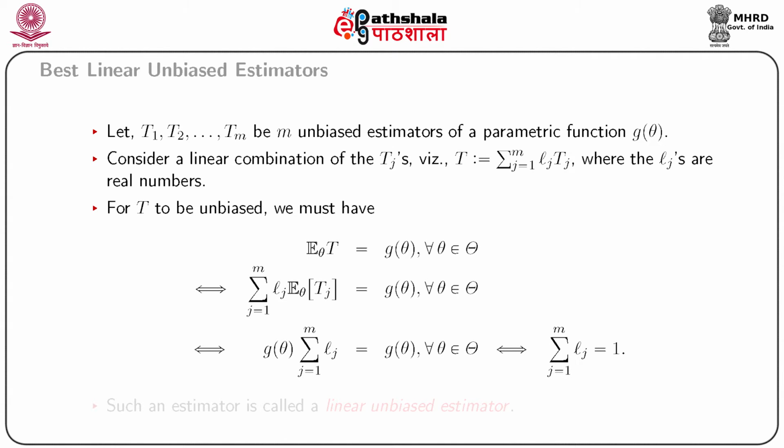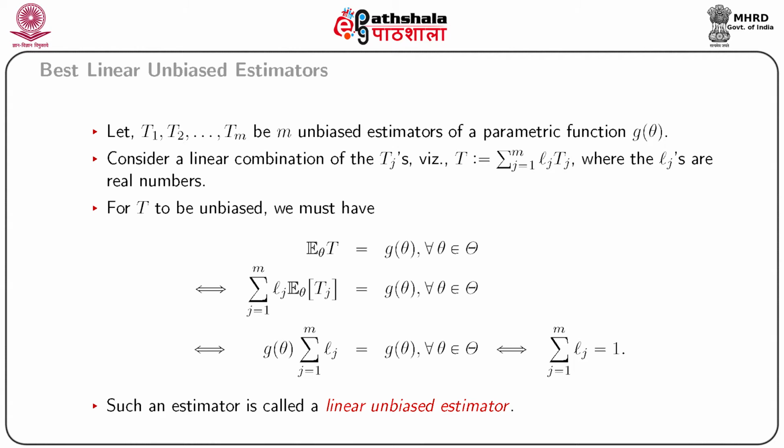For T to be unbiased, we must have expectation of T equal to g theta for all theta. This implies summation over i from 1 to k of li into expectation of Ti equals g theta for all theta, which again implies g theta into summation li equals g theta for all theta, which implies summation li equals 1.